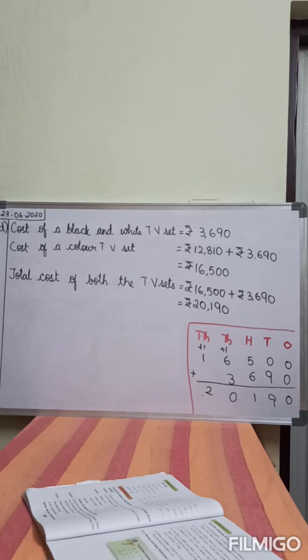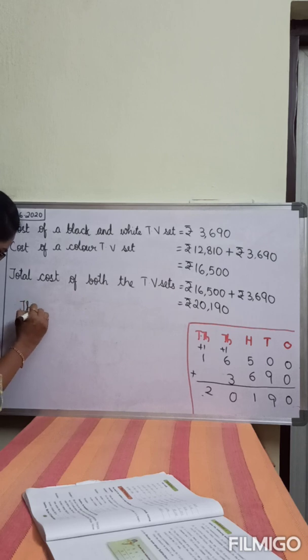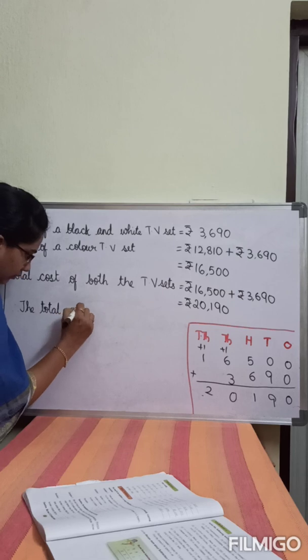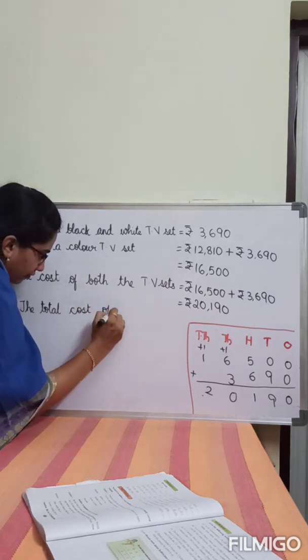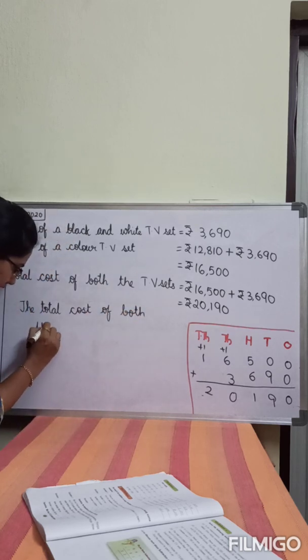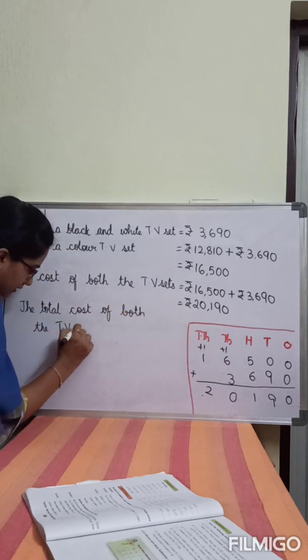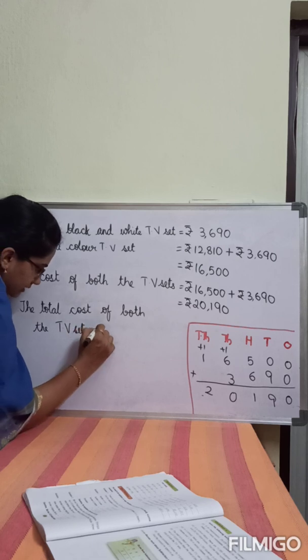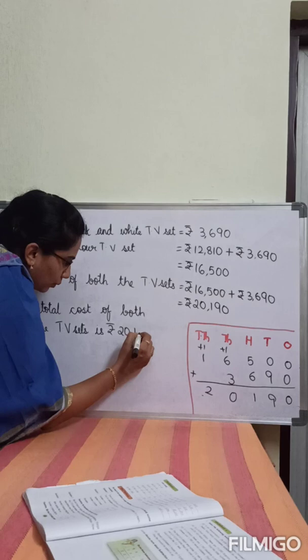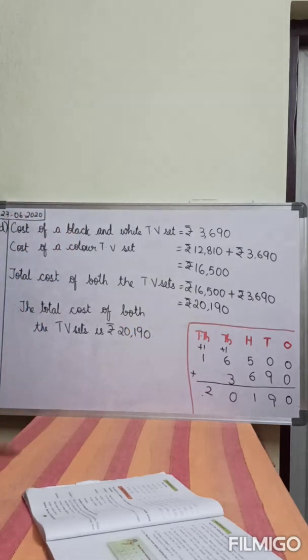You will do the calculations in the rough column or you will do it in the fair column, that is your wish, but calculations should be seen in the book. Therefore, the total cost of both the TV sets is rupees 20,190.